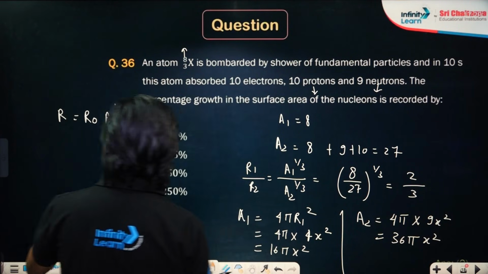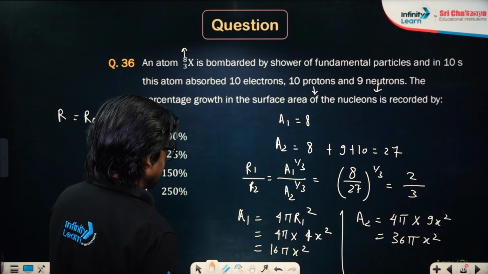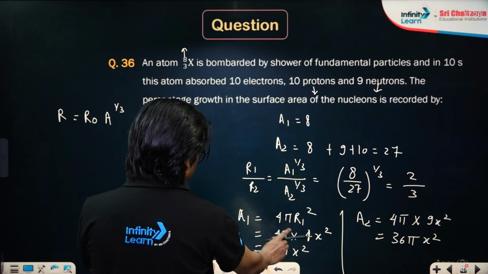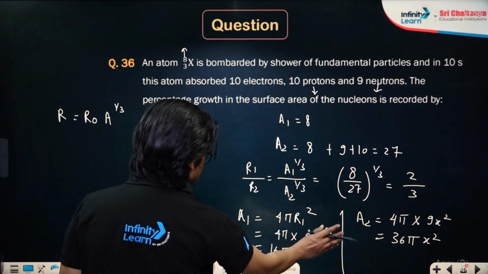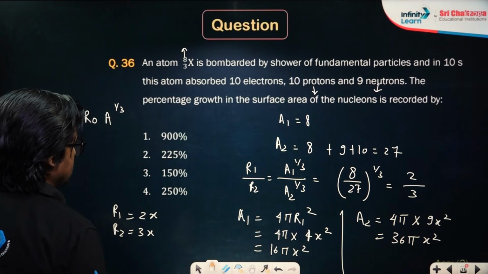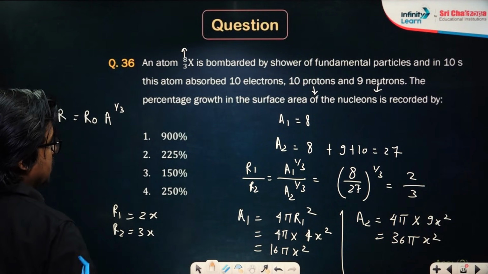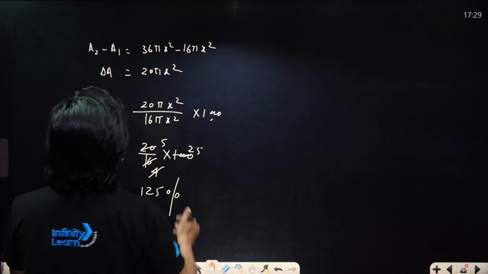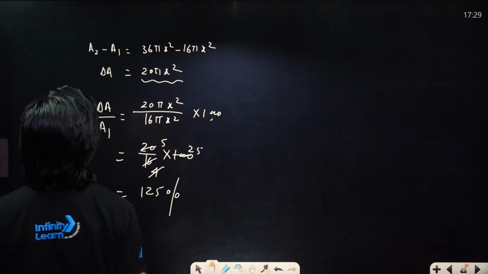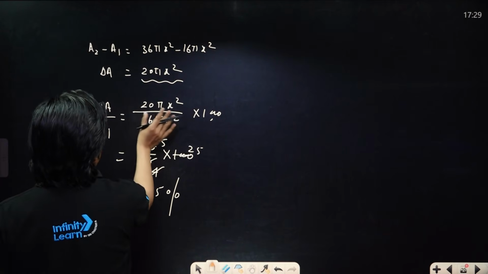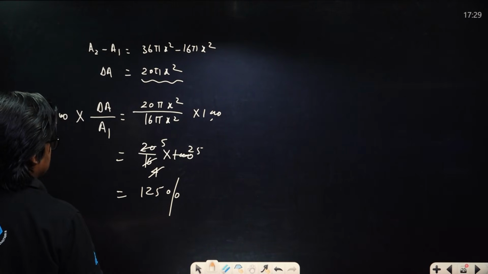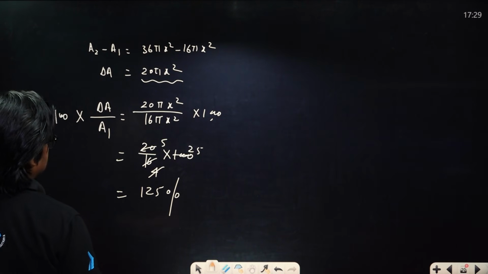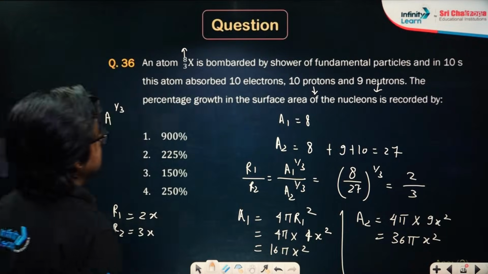So R1 if I take to be 2x, R2 if I take to be 3x, so 4 pi into R1 square, R1 square is 4, 4 into 4 is 16, this is 9, so 36. Initial area is 16 pi x square, then it is 36 pi x square. You can take that growth in the area as 20 pi x square and that percentage growth is 20 pi x square divided by 16 pi x square. So 5 by 4 into 100. So according to me the answer must be 125.